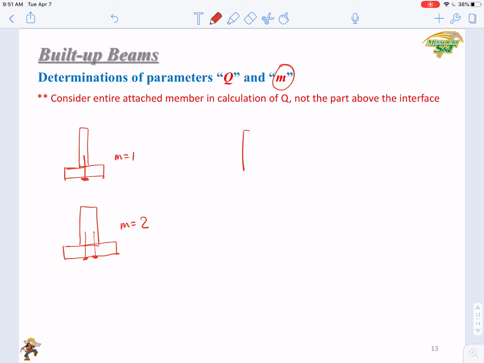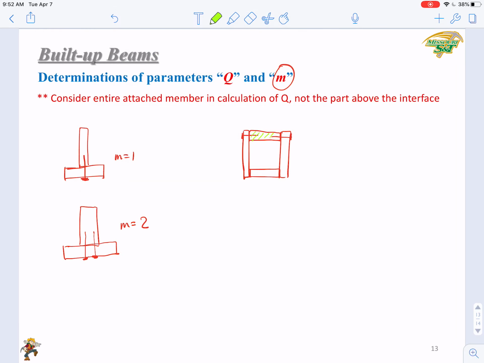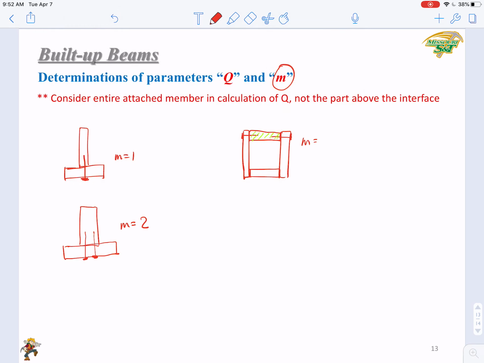Then in such a case, that 4 pieces are connected, and you have bolts here, you have bolts here, and when you consider this area, then the M will be 2, for 2 rows of nails, right? M equals 2.